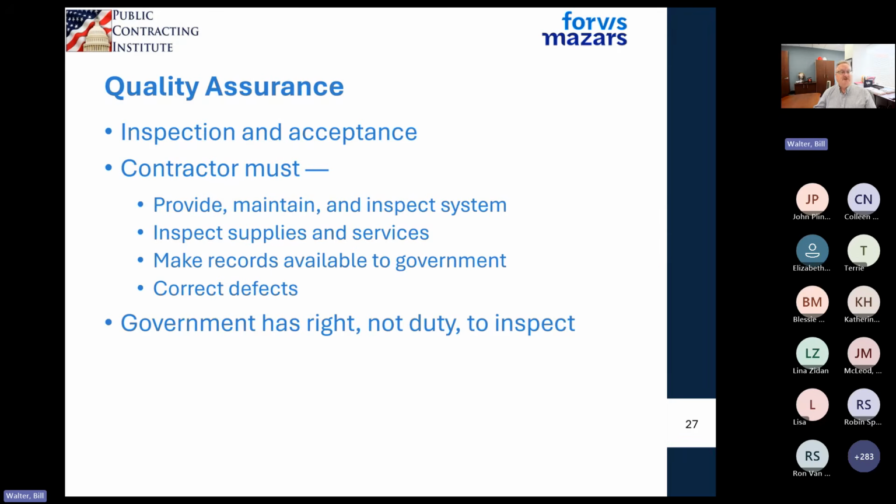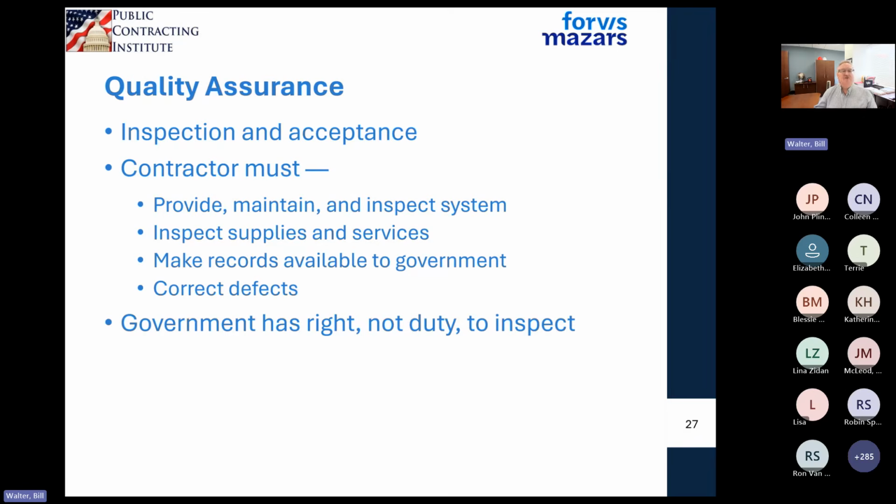For quality assurance, the inspection and acceptance, the contractor under a cost type contract has to provide and maintain an inspection system. If you get supplies and services, you have to make sure that you have a system that tracks them.